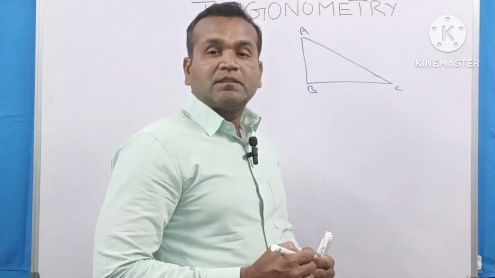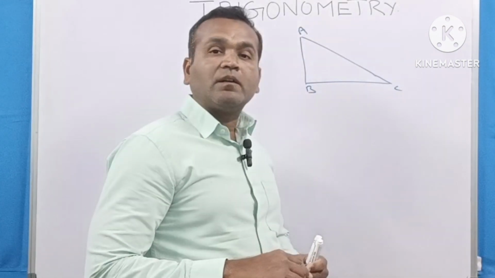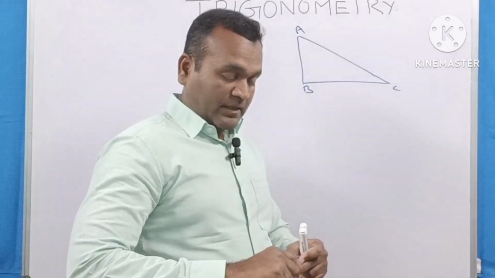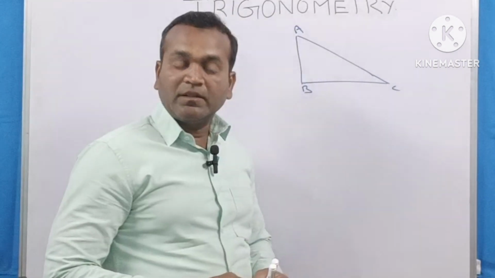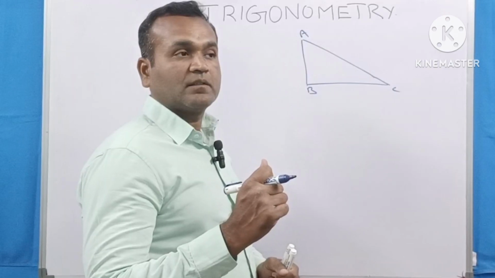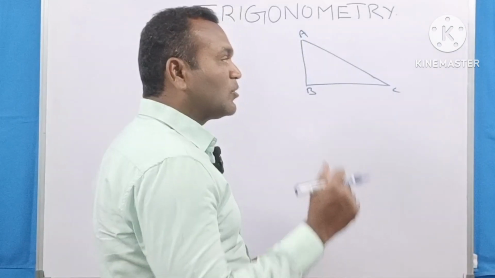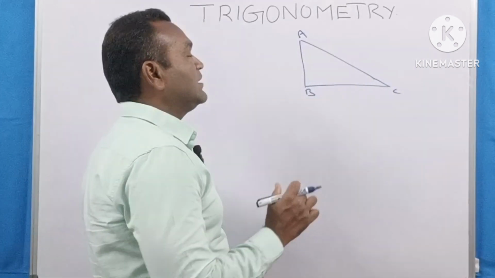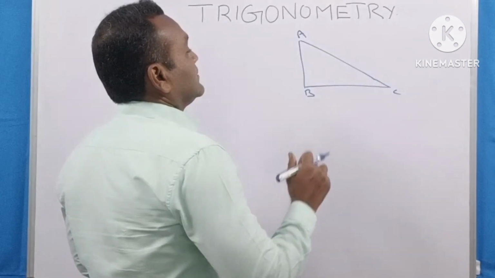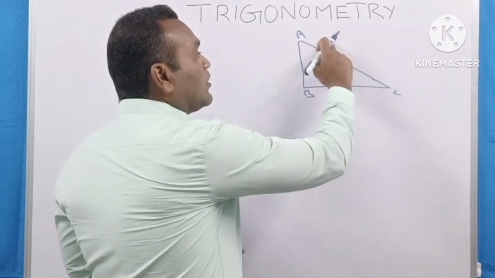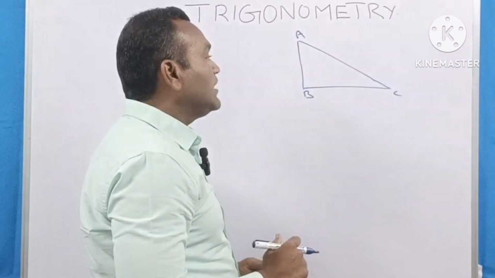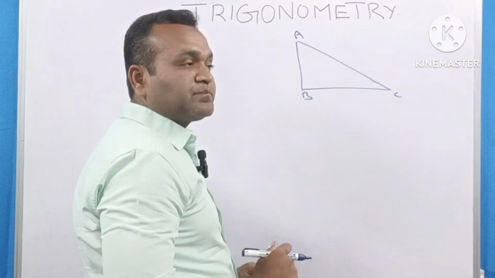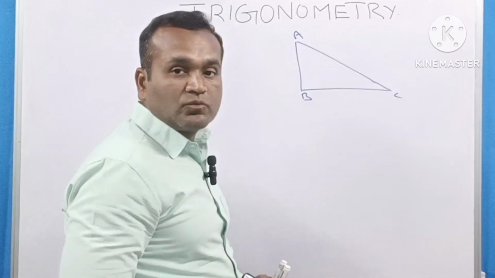In previous classes or previous grades, you have learned about the right angle triangle. In that, you have learned the formula of the Pythagoras theorem, which states that the hypotenuse square, the square of the longest side, equals the sum of the squares of the two other sides.